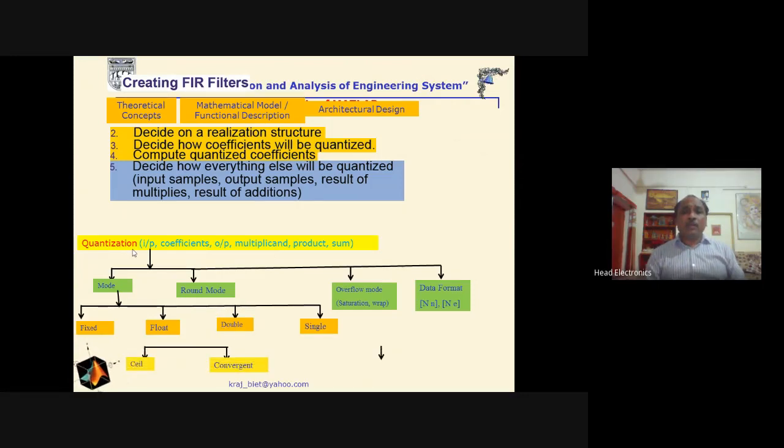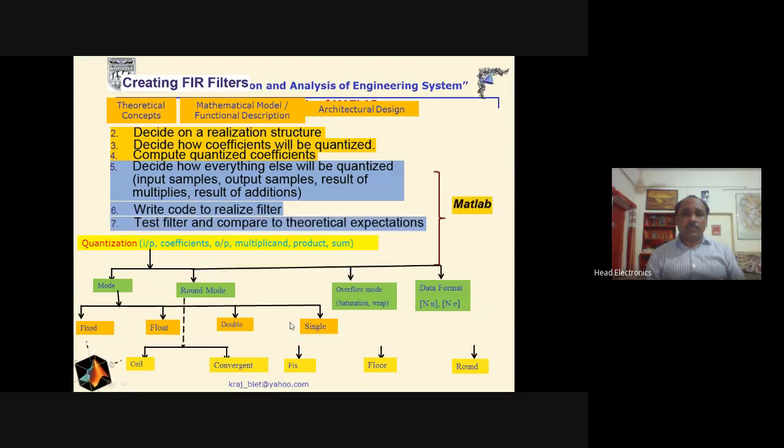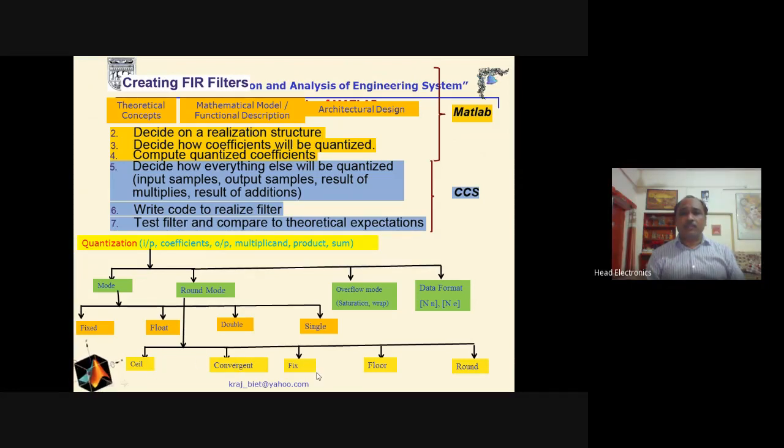And round mode. If we see how the coefficients will be quantized, the coefficients will be quantized either using the ceiling concept, or the convergent, or the fix, or the floor, or the round. These are the different types of the modes which are used in rounding or quantizing the coefficient.